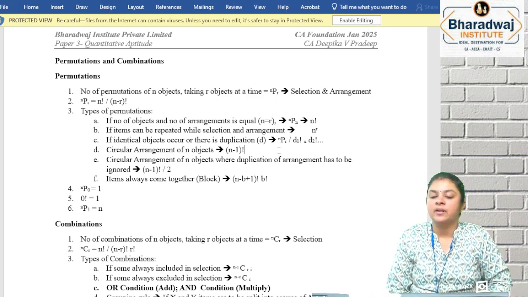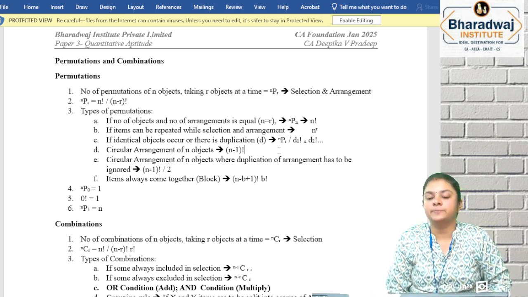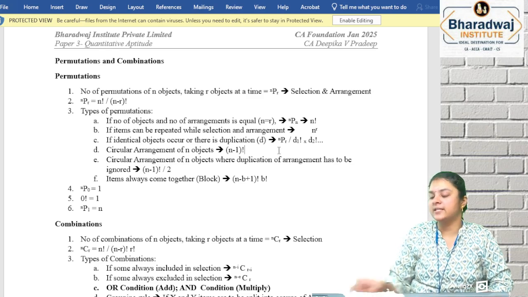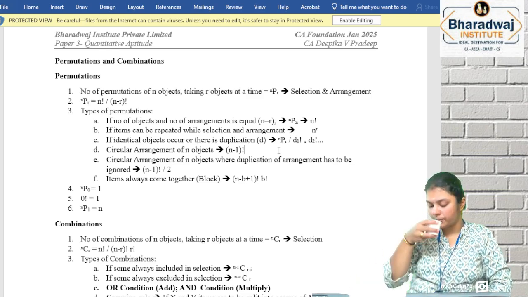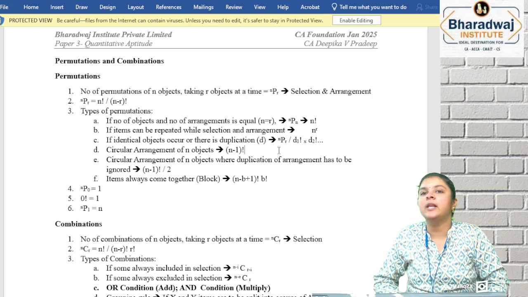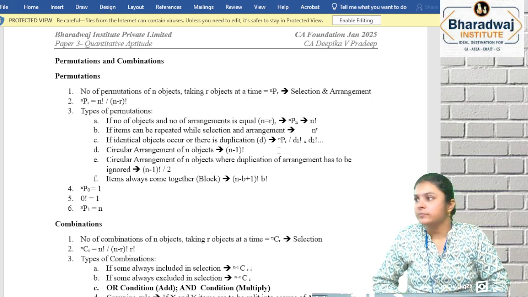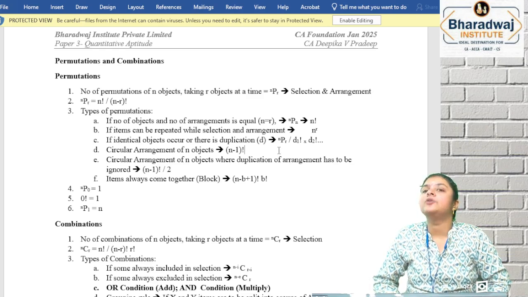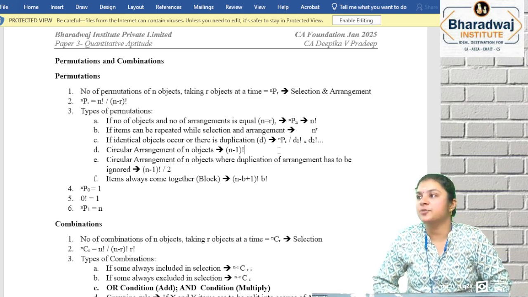Next, circular arrangement. Arrangement of objects in a circle is always given by n minus 1 the whole factorial. N minus 1 the whole factorial. Where they mention that duplication has to be ignored, or if it is even hinted that duplication has to be ignored.